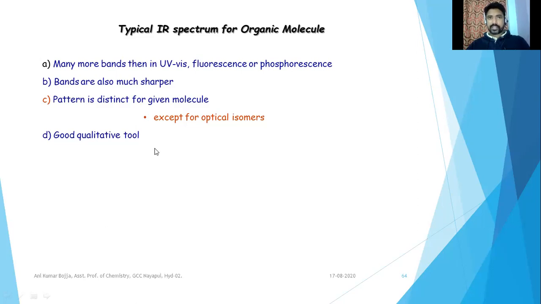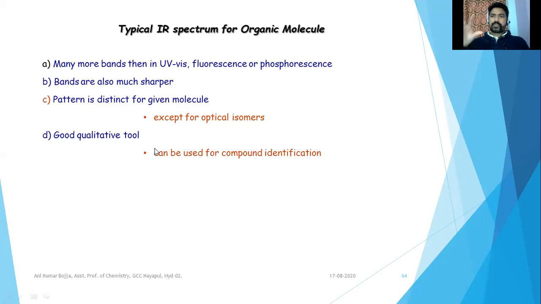That is why IR spectroscopy is a good qualitative tool. It can be used for compound identification. Yes, it is exclusively important.